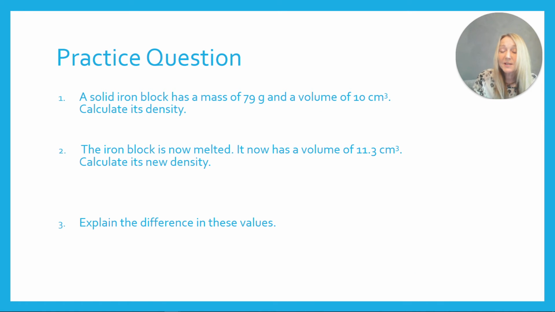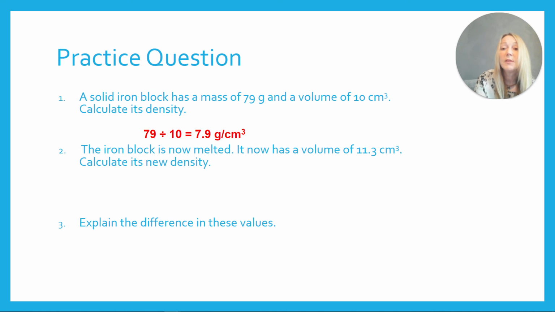So have a little practice at some of these equations. This is just a really simple plug-in equation, and what I'd like you to do is have a look at the density of solid iron and the density of an iron block once it's been melted. It's the same iron block that we've now melted. So we plug those into the equation, and we get 79 divided by 10 equals 7.9 grams per centimetres cubed.